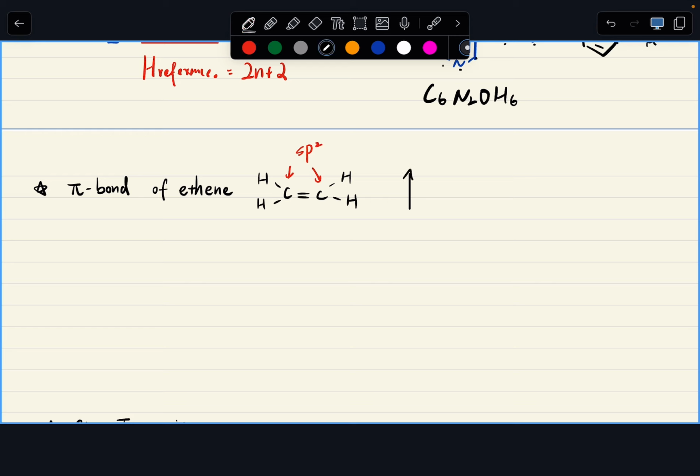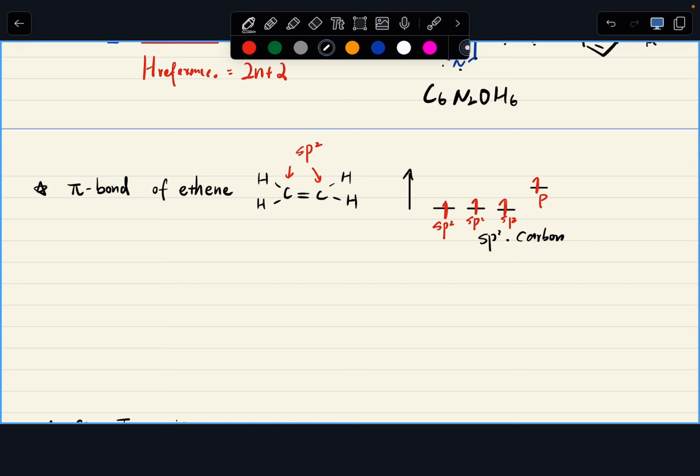Or the other way to put it, if we look at the atomic orbitals of my sp2 hybridized carbon, they look like this. So you have sp2, sp2, sp2, and p. You put the electrons in, 1, 2, 3, 4. You have 4 electrons, 3 in the sp2 making single bonds, 1 in the p orbital making the pi bond.